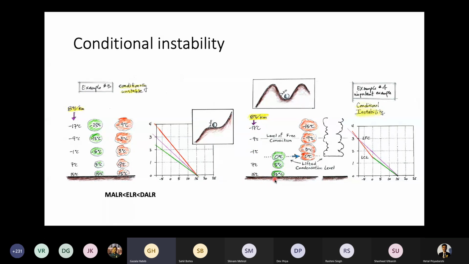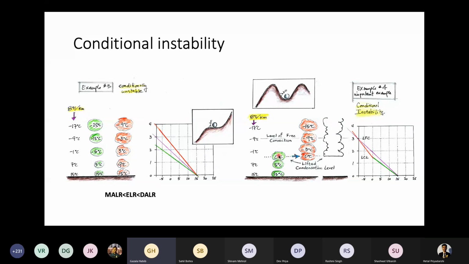Here what is going on? The dry air parcel moved up and the temperature is about 5 degrees centigrade, while the surrounding temperature is 7 degrees centigrade. But say in this position it gets some moisture, maybe because of the transport of moisture from some other place or whatever, then what will happen?